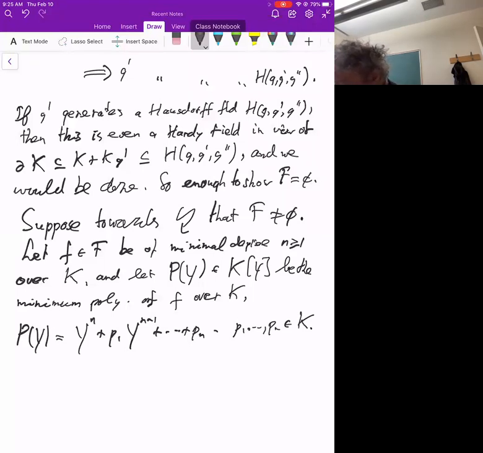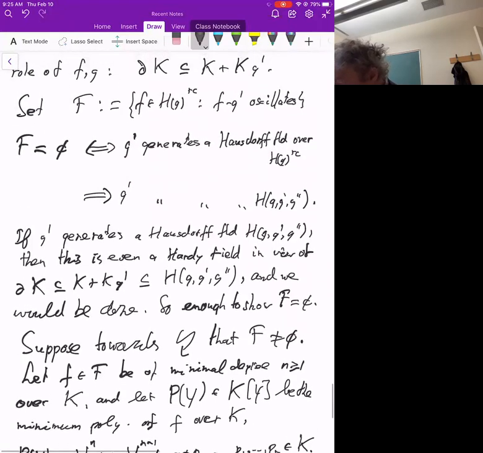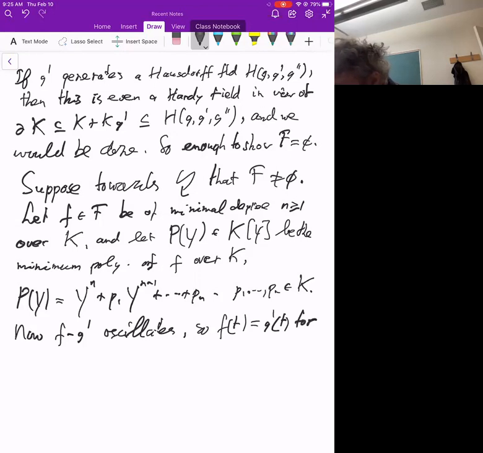Okay, so little f is in capital F, so f minus g prime oscillates. By definition of f being in capital F, that means that f(t) equals g prime(t) for arbitrarily large t.